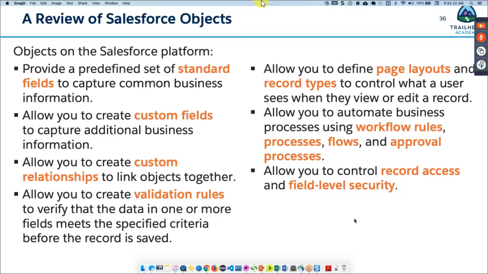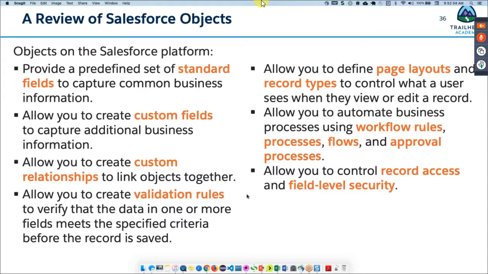And that is made of 3 different segments. One of them is object level security. The second is record access, and then field access. So you should be familiar with that topic.